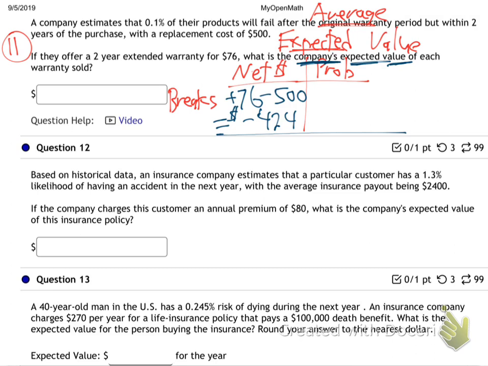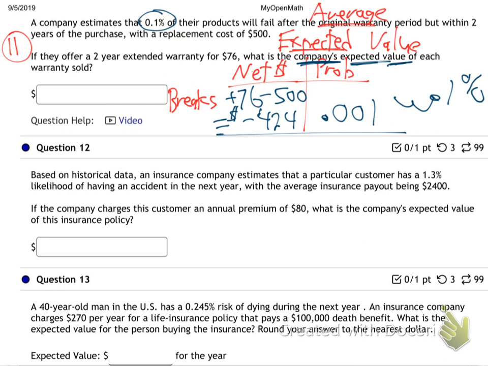So net effect, they lost $424. What's the probability of that thing breaking during those 2 years? Right there, 0.1%. That's 0.001, because 0.1% means move back 2 places, so 0.001 is the decimal version.